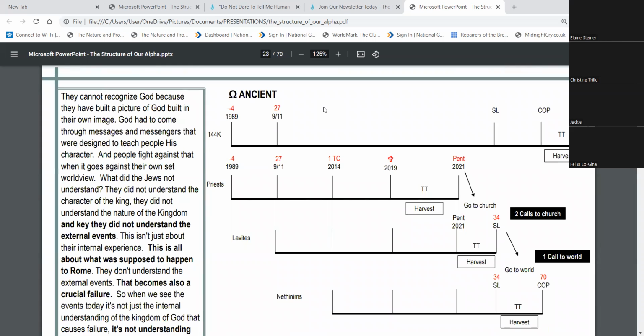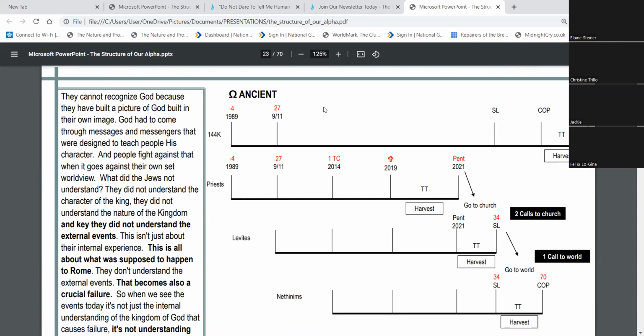They cannot recognize God because they have built up God in their own image. God has to come through messages and messengers that were designed to teach people his character. And people fight against that when it goes against their own set worldview.